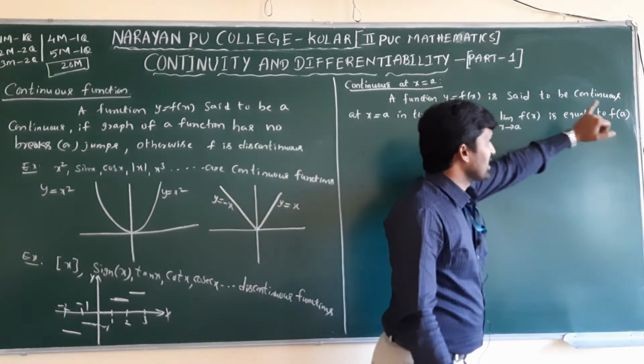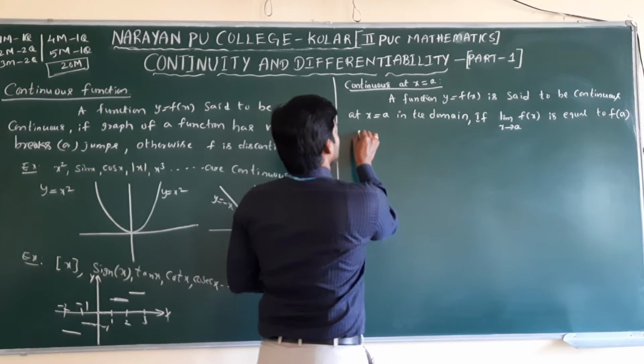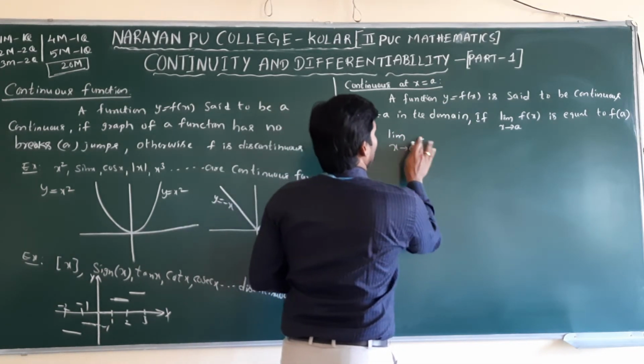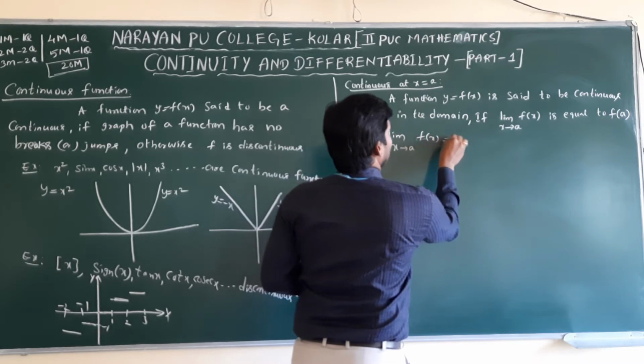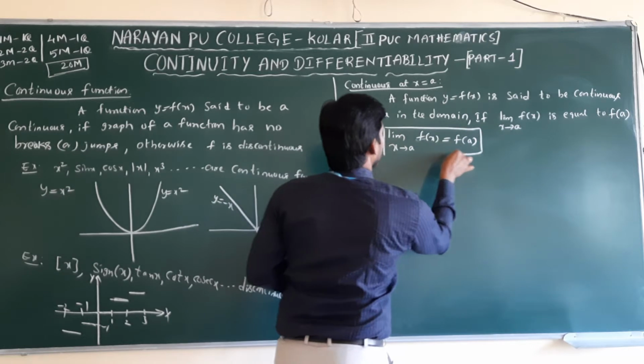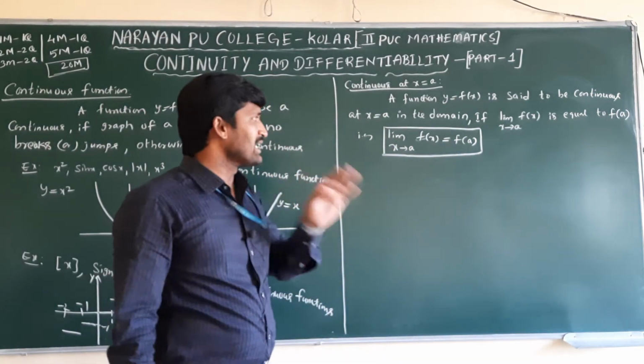When these both are equal, that is, we are taking like this, limit x tends to a, f of x equal to f of a. When these two values are equal, then we call it continuous at x is equal to a.